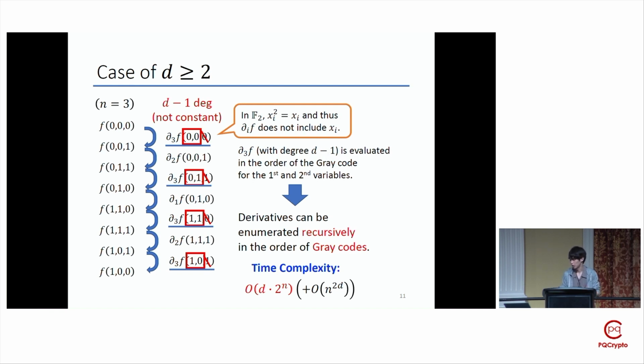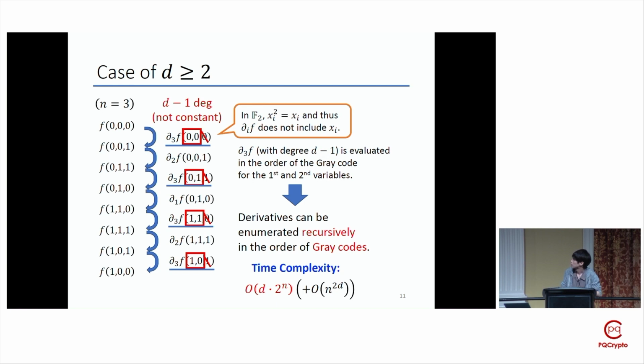But unlike the case of d equals 1, these derivatives ∂_i f are not constant, and are degree d minus 1 polynomials with high probability. If we evaluate these derivatives by directly substituting the input, it will not be more efficient compared with the classical approach. So we want to also evaluate these derivative values by using gray code ordering and its derivatives.